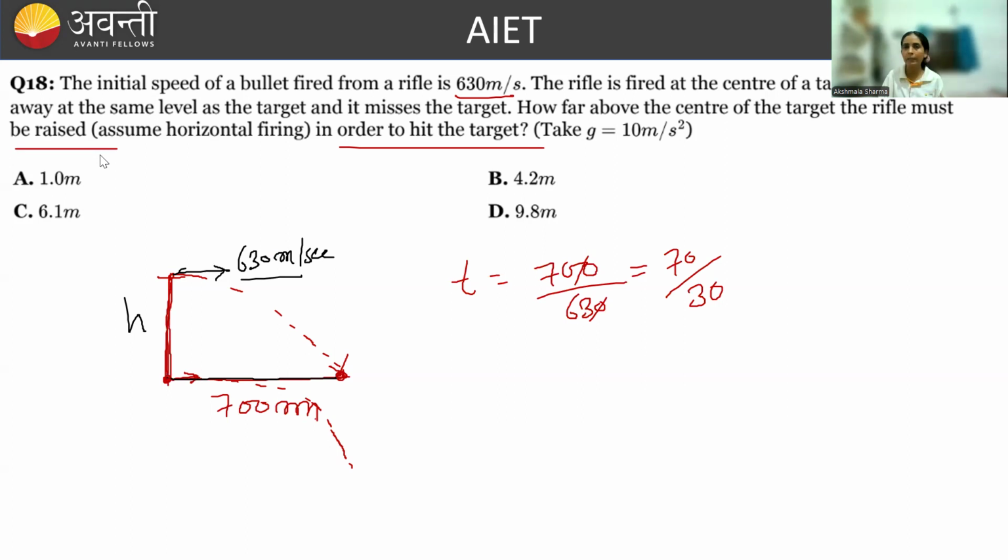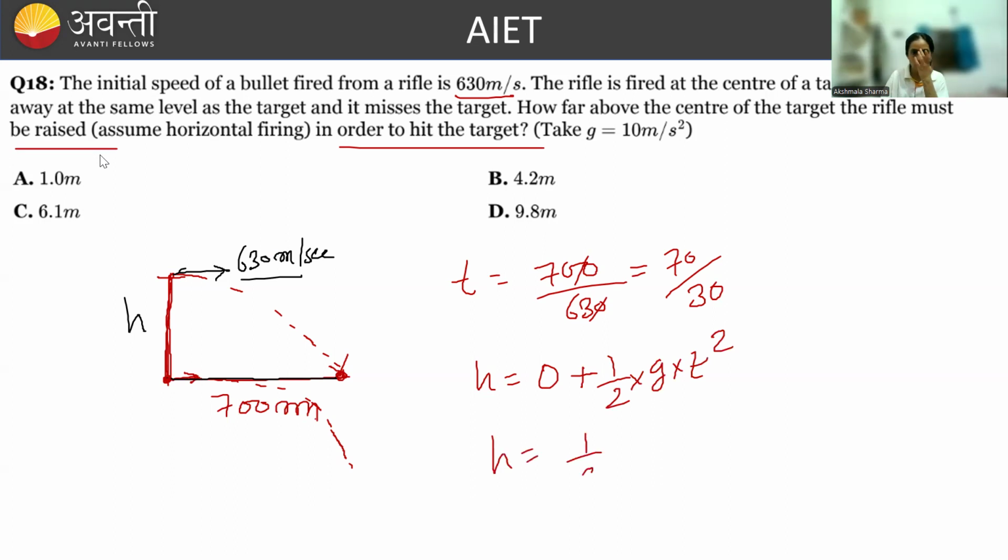So if we apply the second equation of motion in the y direction, then h equals ut plus half at square. u is 0 in the vertical direction initially, and this becomes half into g into t square.